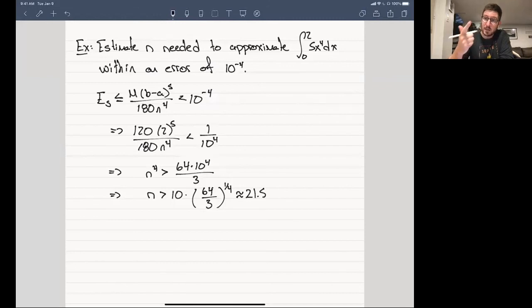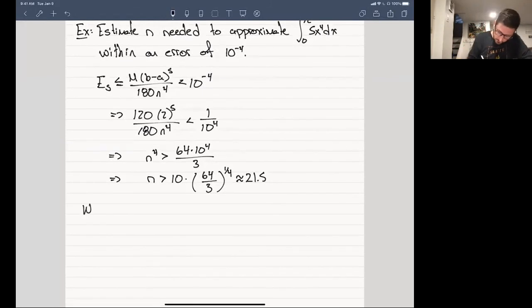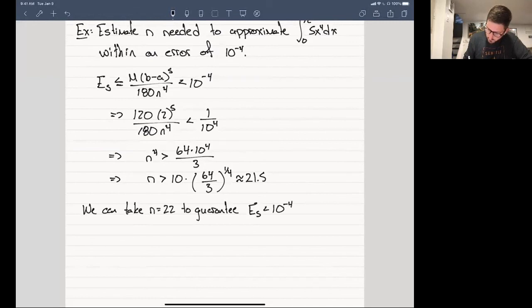And it has to be even. So the first even integer that's bigger than 21.5? That's 22. So we can take n equal to 22 to guarantee E_S is less than 10 to the minus 4.